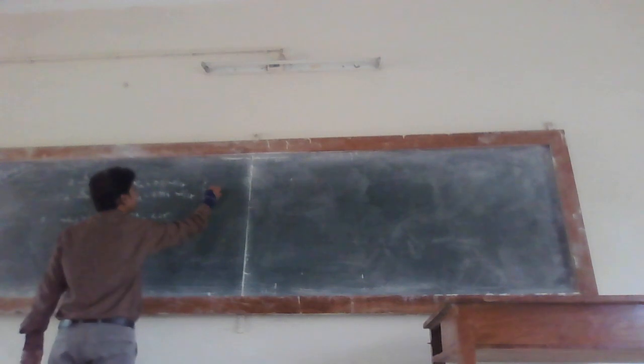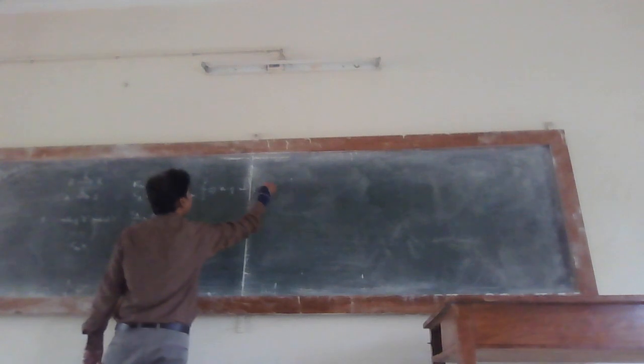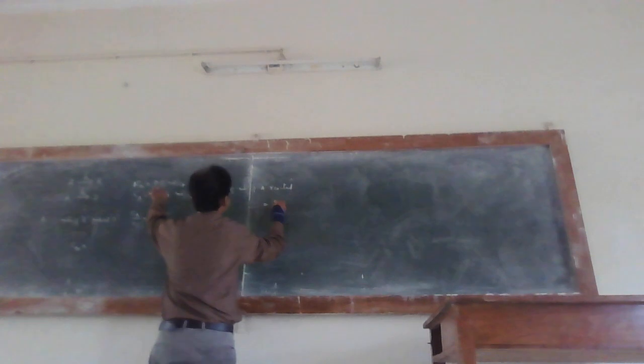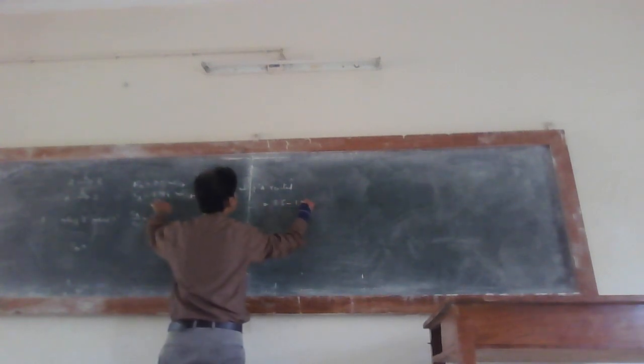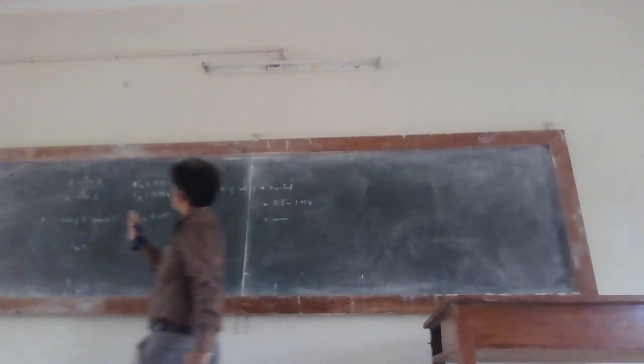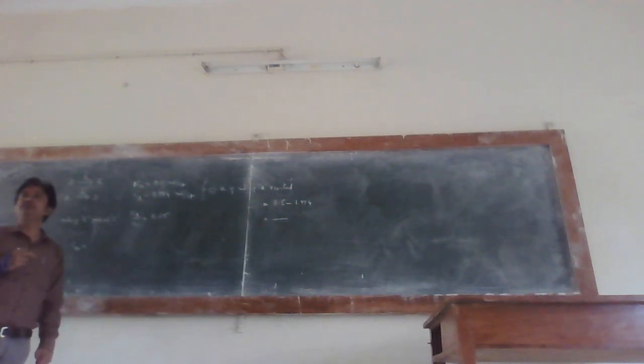From this, you can estimate the number of moles of A reacted. What is initial minus what is final, that is your moles of A reacted. How many moles of A reacted will be equal to how many moles of R or S produced. Is it not?